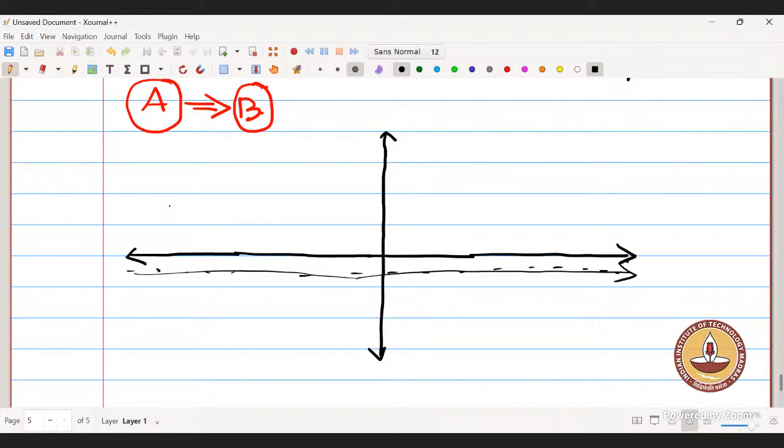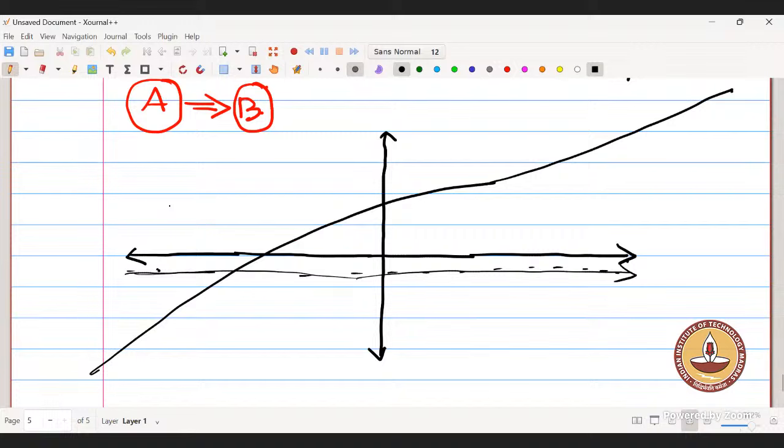So according to the strictly increasing function, when you are going from lower to higher values, the value of the function will also increase. So if I consider this graph, going from the negative to the positive direction, the value of the function is also increasing. That's why this is a strictly increasing function.